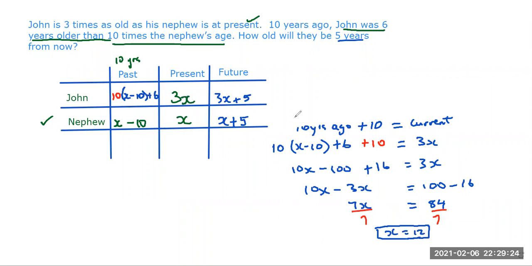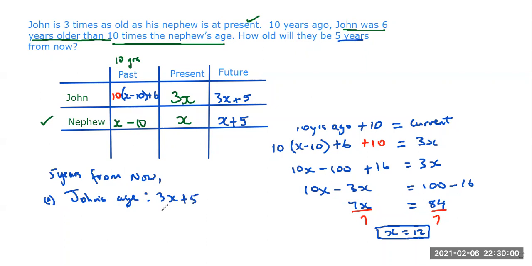But remember, the key thing was that they want us to find the actual age in the future for both John and the nephew. How old will they be 5 years from now? So John's age, 5 years from now, we know it's 3x plus 5.